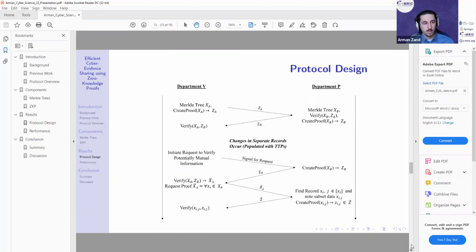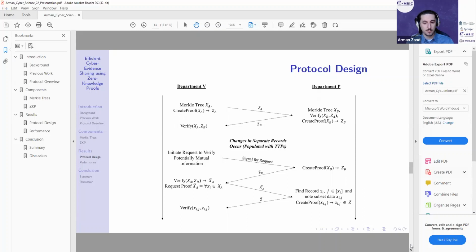So at the beginning, again, they verify that they have the same information. And afterwards, the data set changes by it being populated with their own information.